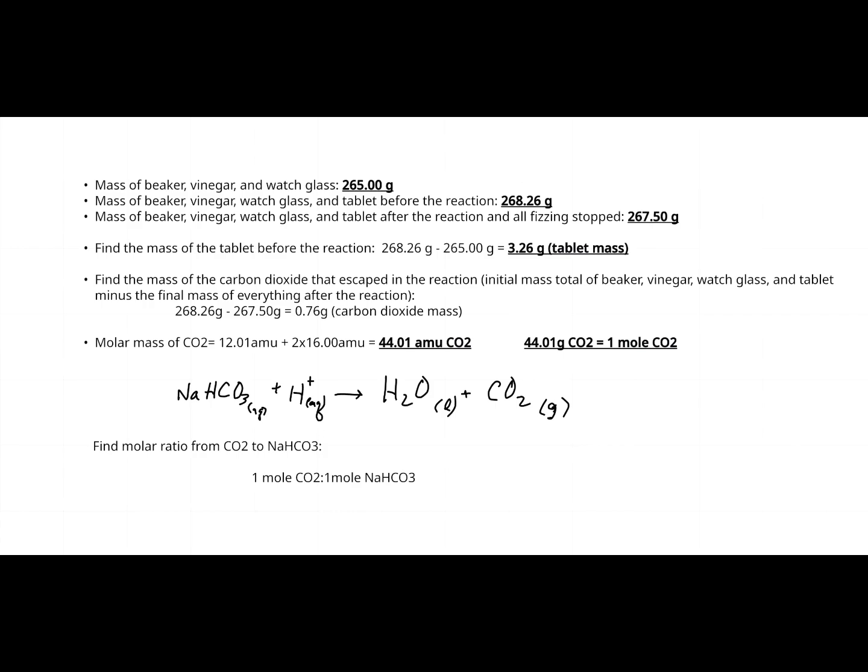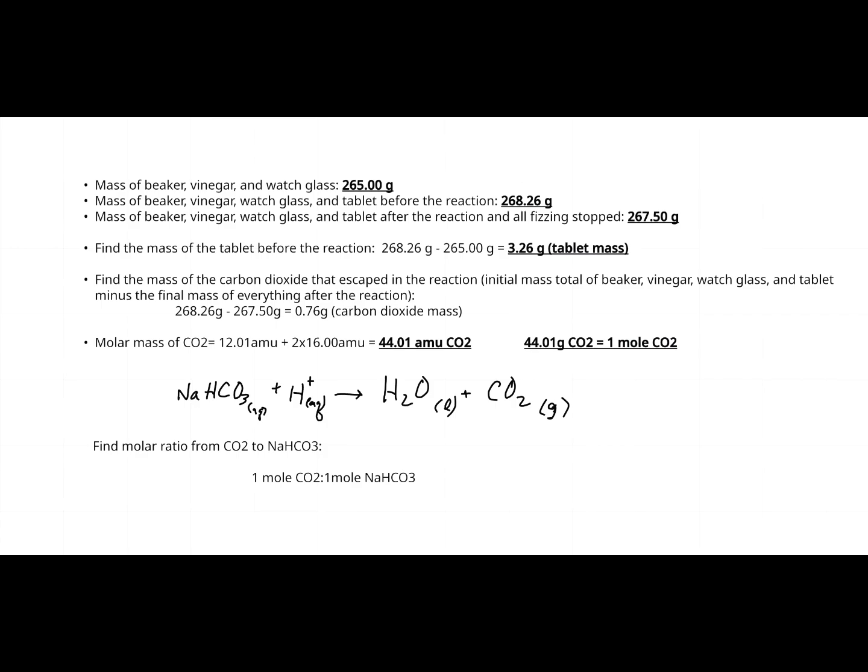We can now work backwards and convert the grams of carbon dioxide mass to moles of carbon dioxide. And then we're going to compare and find the ratio of the carbon dioxide moles to the sodium bicarbonate moles. And then we should be able to calculate how many moles of the tablet we have, and from there we can figure out our percentage of how much sodium bicarbonate was in there.